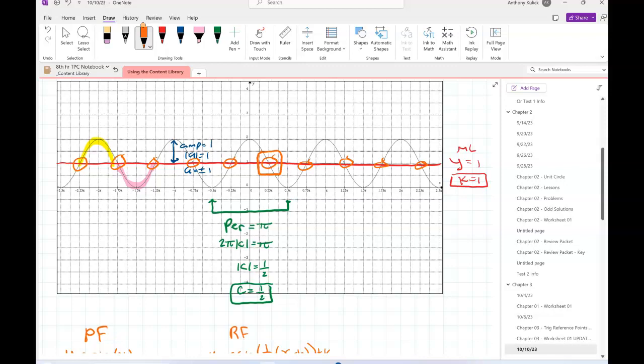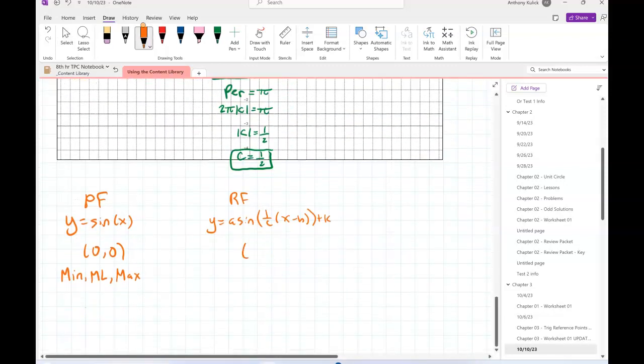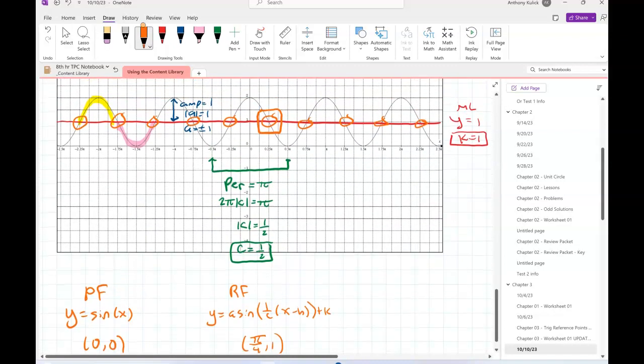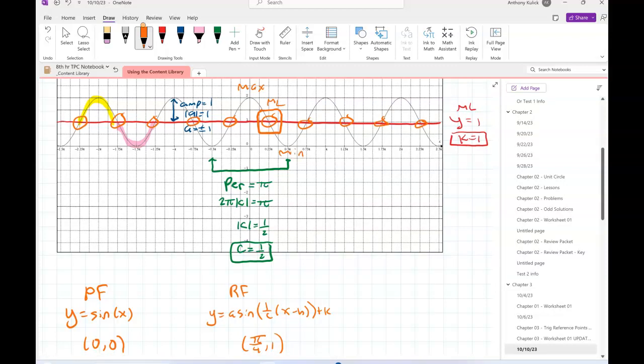The one that I boxed is pi over 4, comma 1. And if I look at this midline point, it is a maximum, midline point, minimum, right?